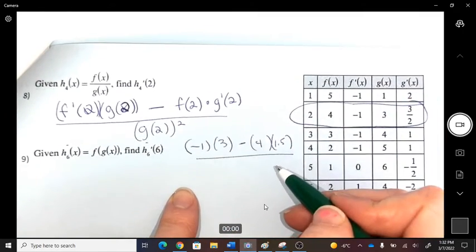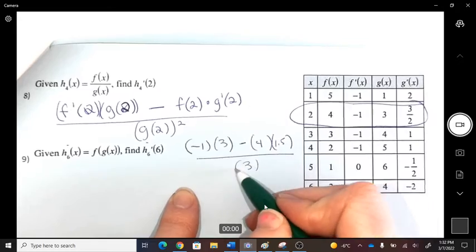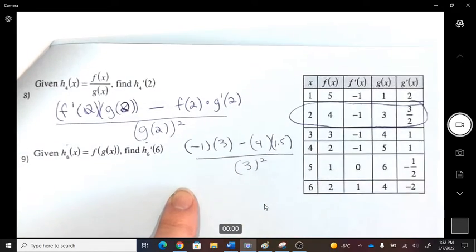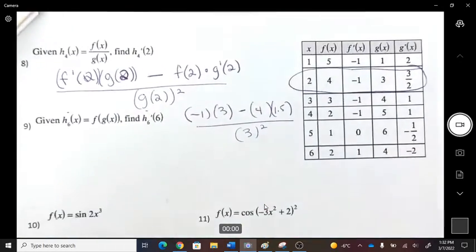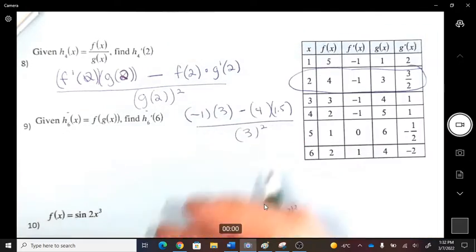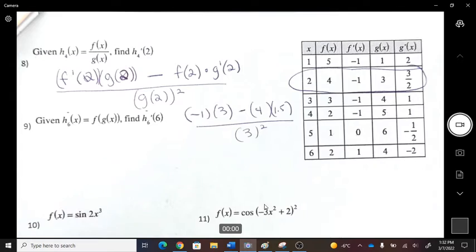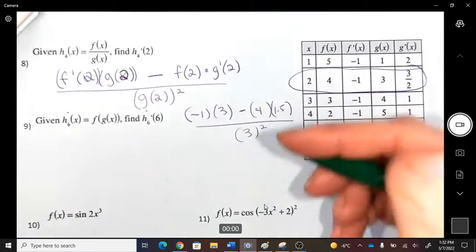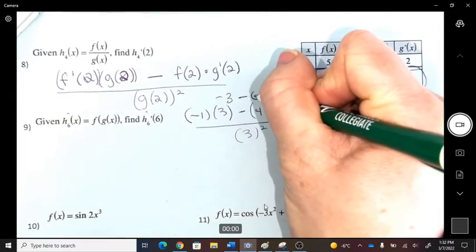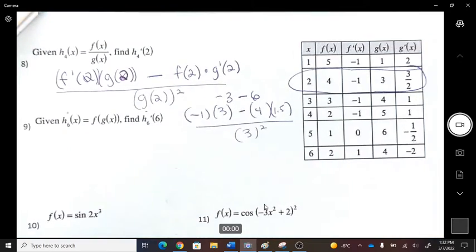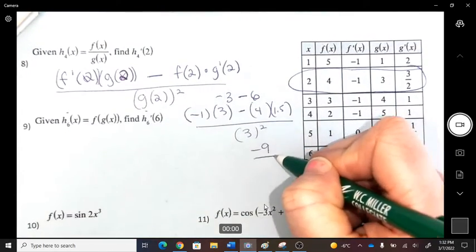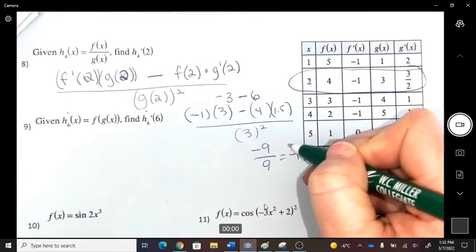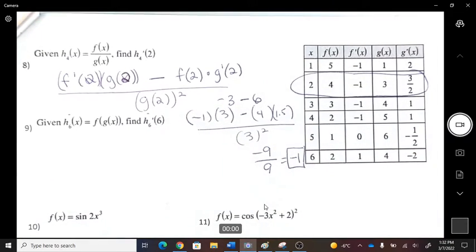All over normal g squared. Okay, so what does that top all come out to be there? Negative 3, 4 times 1.5, so that's negative 3 minus 6. So you get negative 9 over 9, which is a final answer of actually negative 1.